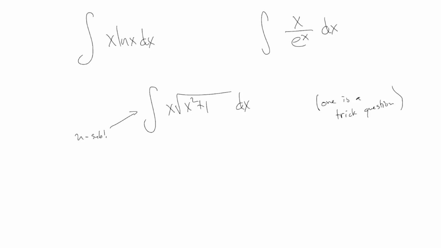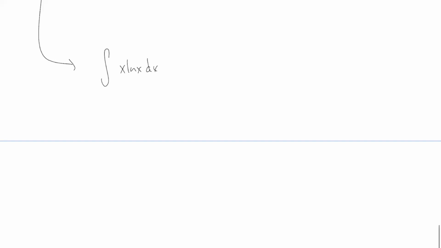Those ones are more ordinary integration by parts ones. As I was going around, people pretty much worked this one out. In this case, you should choose the u to be the ln of x, then the du is 1 over x dx. The dv must be the rest of it, which is x dx.